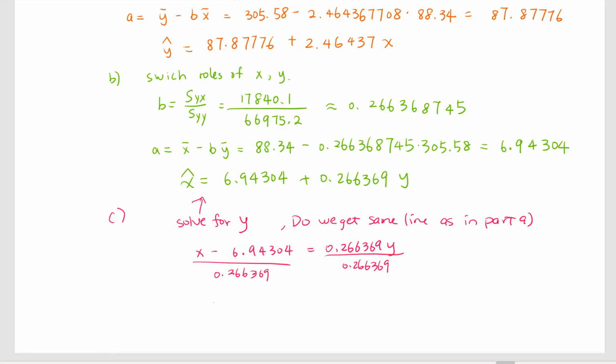And then I get y is 1 over 0.266369, which is 3.75419x. And then 6.94304 divided by 0.266369 is 26.0655516.